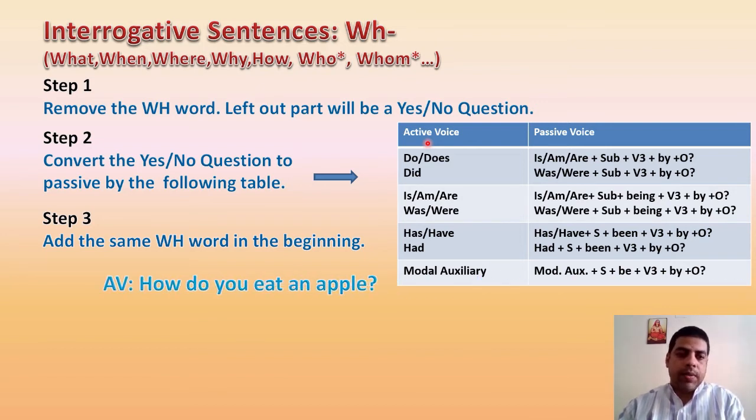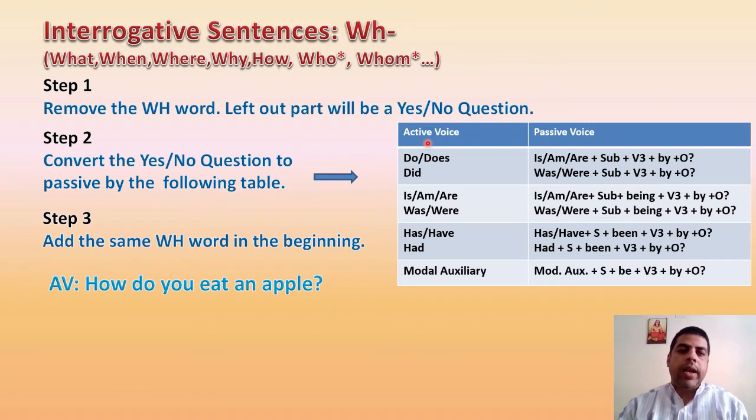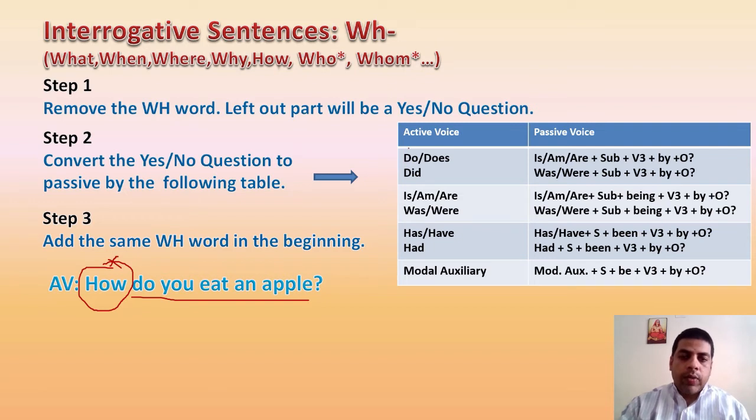If you look at one example, you'll be able to figure it out properly. How do you eat an apple? Now, if I remove this word how, let us hide it, then what is left for you? Do you eat an apple? You see you are following the very first sentence pattern. Step 1: I removed how and got the yes/no question, do you eat an apple?